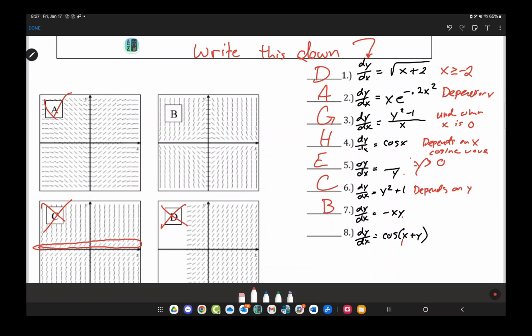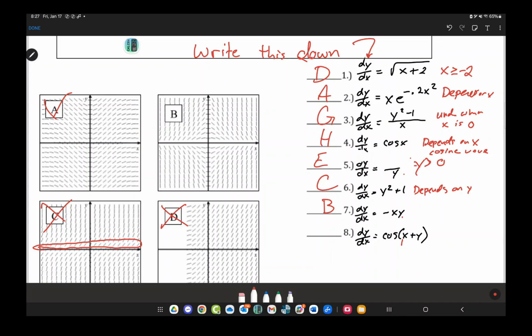Alright, when do we get a slope of 1? When does cosine give you 1? At 0. So when would I have 0 in that function? At -1 plus 1, so whenever x is equal to negative y. Basically, whenever x and y have opposite signs, I have a slope of 1.